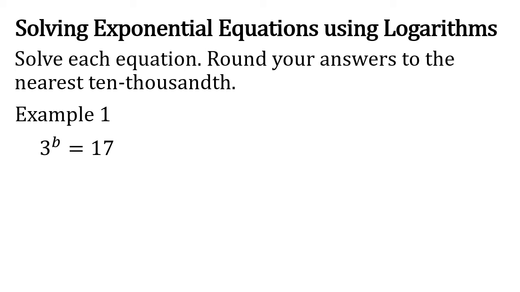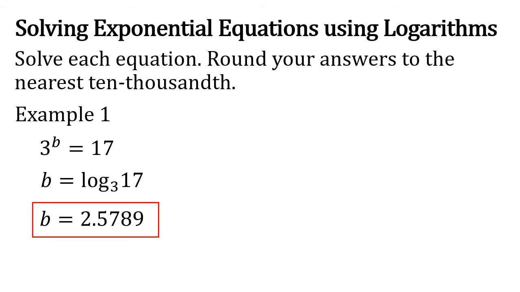For example, 3 to the b equals 17, so our numerator will be log 17 and our denominator will be log 3. If you have a calculator where you can encode the base, you can type log 17 base 3, and the answer will be 2.5789, or 2 and 5,789 ten-thousandths.